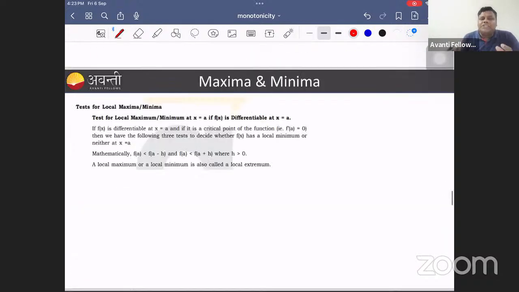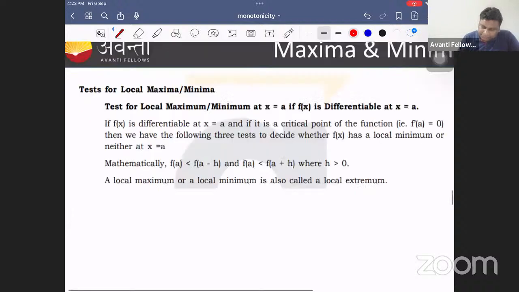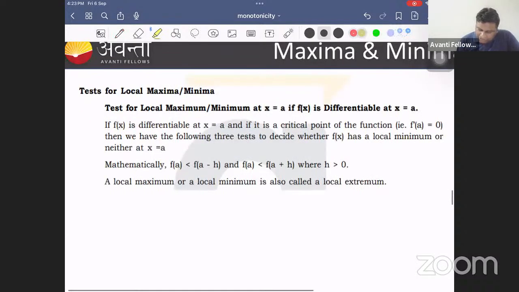Now, how do we check maxima and minima? So what we are saying here, if a function is differentiable at x equals a and x equals a is a critical point of the function, then we have the following three tests to decide whether the function is having a maxima or not.